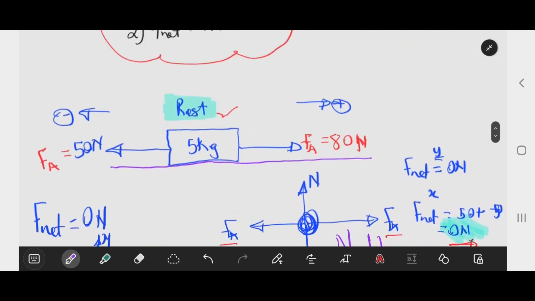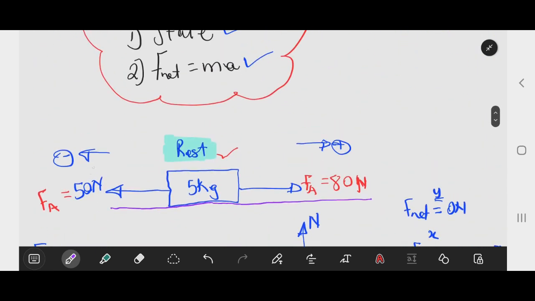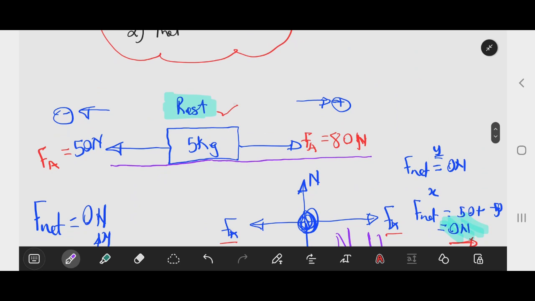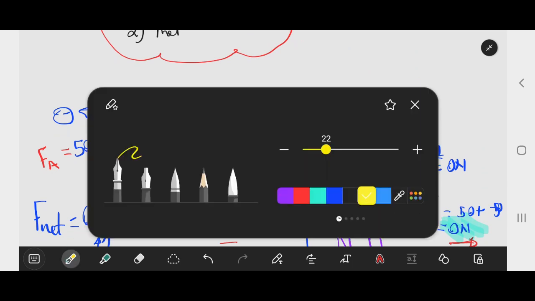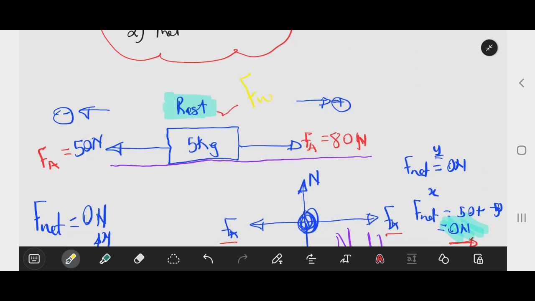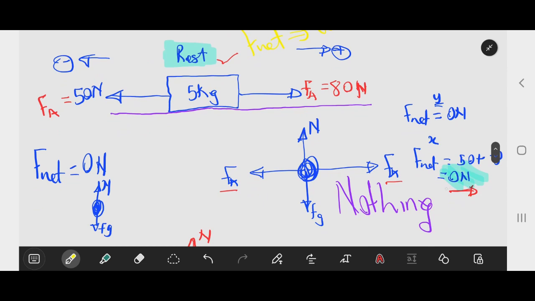Okay, so now we can see that when a net force is applied, the object must accelerate. When there is a net force, the object will accelerate. But if there is no net force, the net force is equal to 0, then the object will not accelerate.